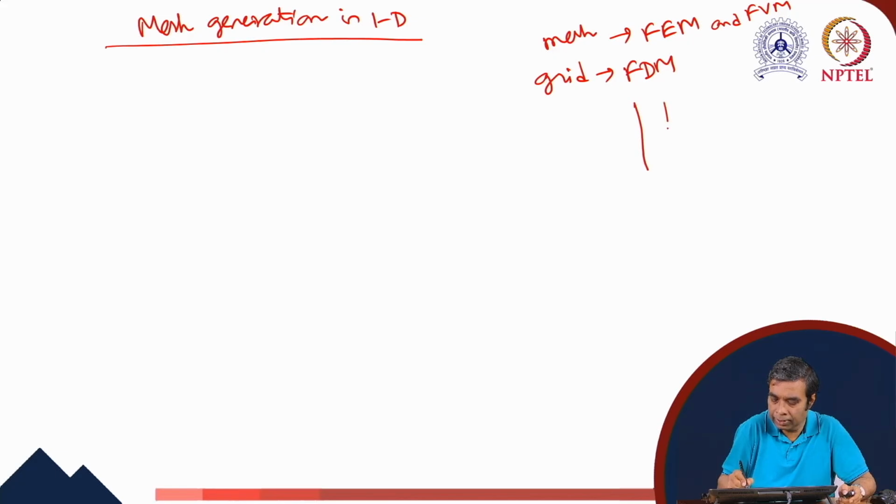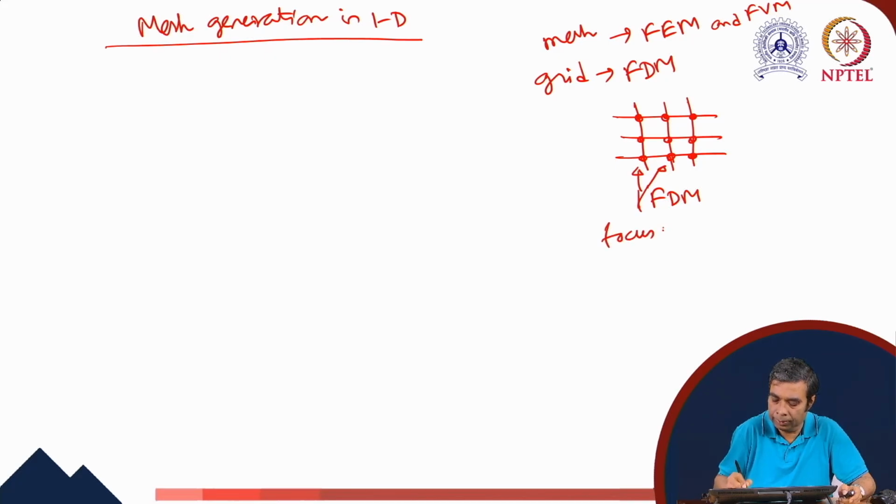Let us consider this picture. In the finite difference method, we focus on the nodal points. These intersections of the grid lines are known as the nodal points, and our focus is only on the nodal points.